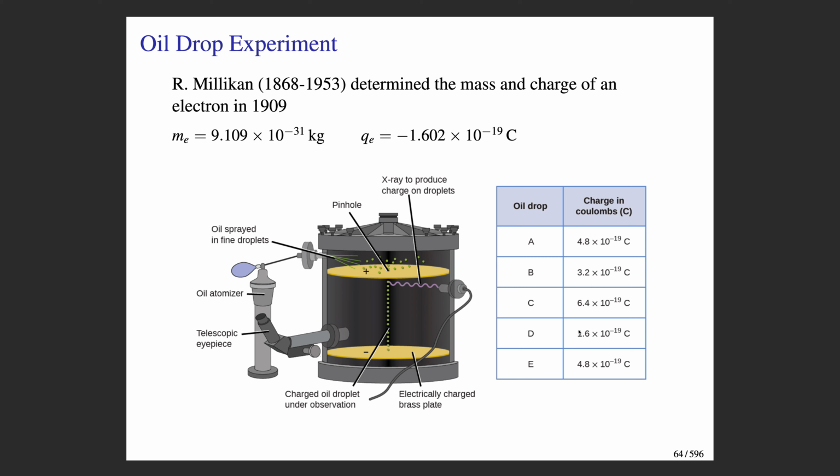data, the lowest charge that you see in your calculations would indicate the charge of just having a single electron on the oil droplet, and all other charges that you get would be multiples of that. That is, multiple electrons. So Millikan was able to determine the charge of the electron using this experiment, and then by combining that with J.J. Thomson's charge to mass ratio, you could then calculate the mass of the electron.